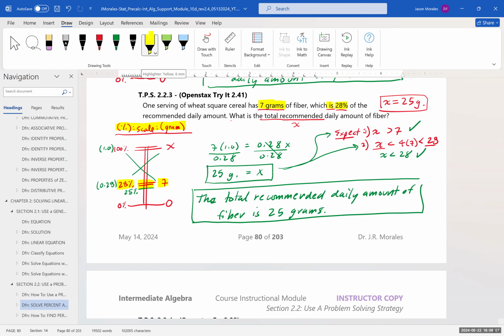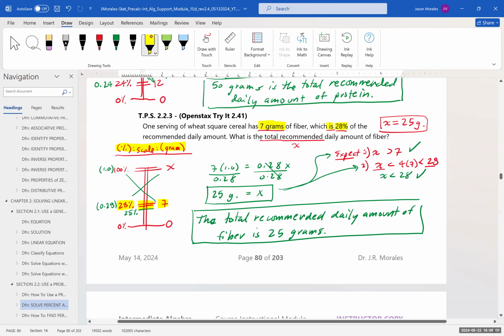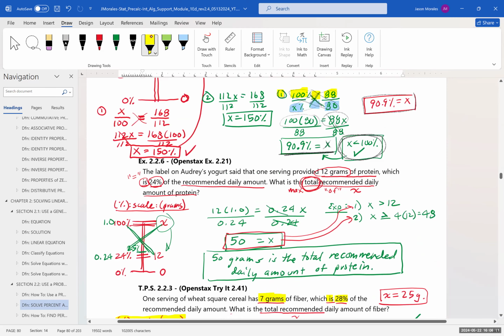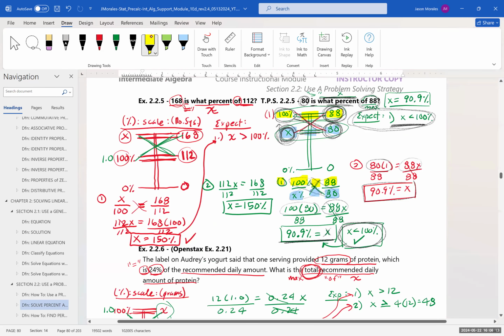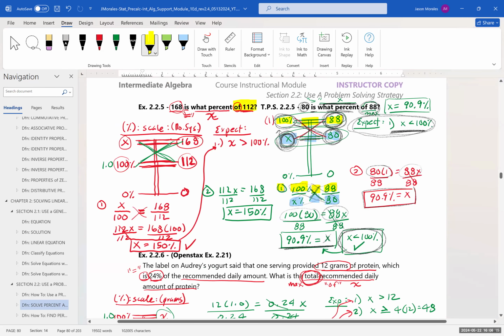You can notice here that the word of isn't being used like it was up here with these examples, when we had of 112 or of 88. Seeing this of 112 told you that 112 was associated with 100%, and over here, 88 was associated with 100%.